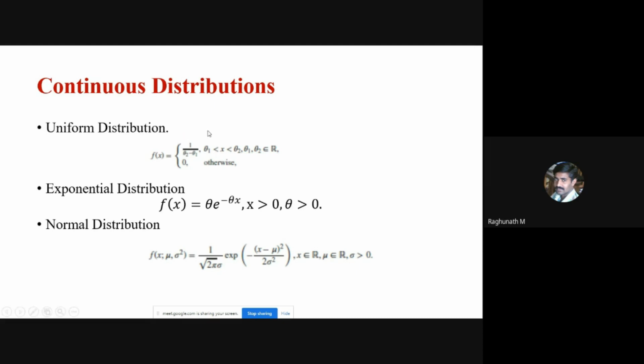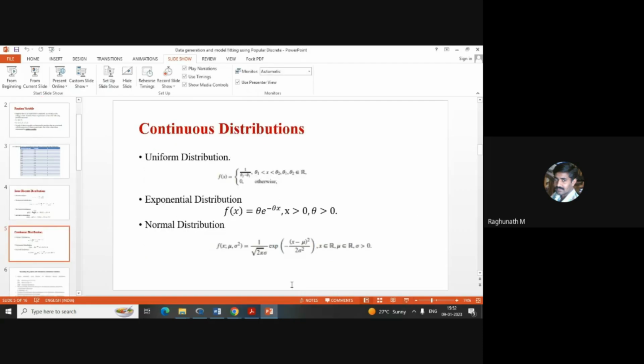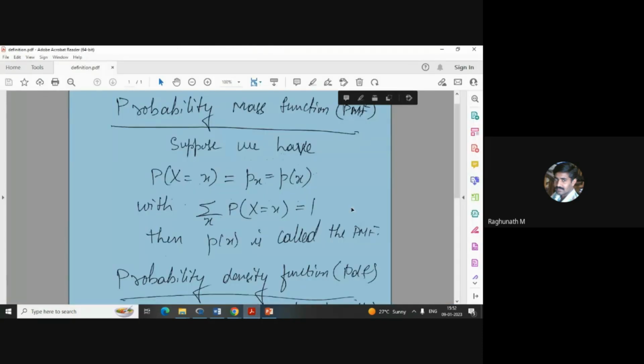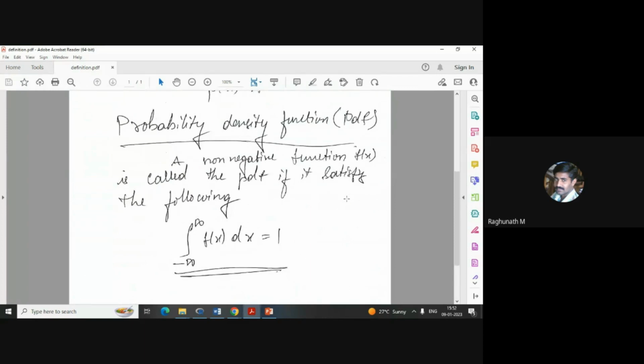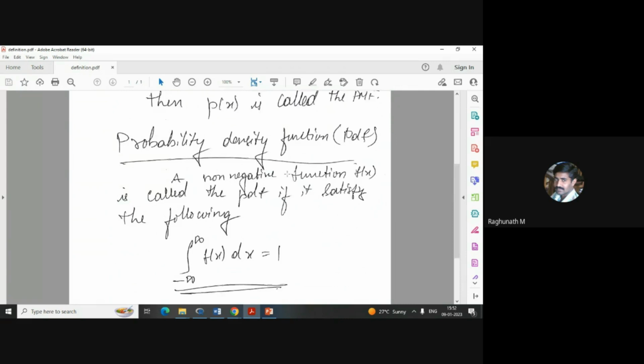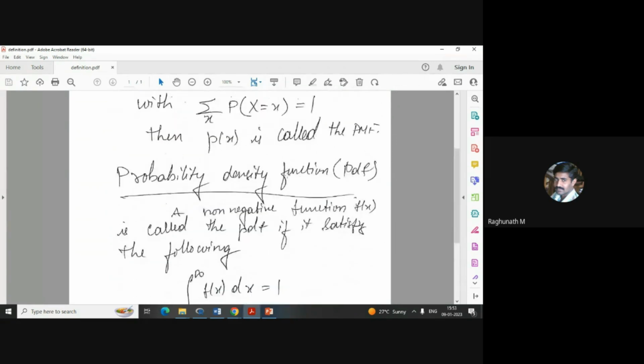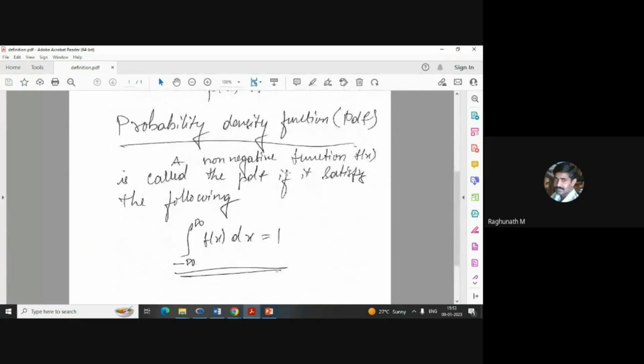Whenever we talk of a random variable which is continuous, or more precisely absolutely continuous, there will be an associated function we call the probability density function. We are going to plot the PMF and PDF for all the distributions we are going to discuss. So what do we mean by a probability density function?